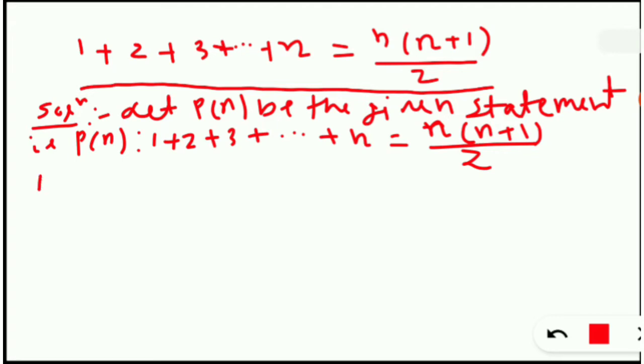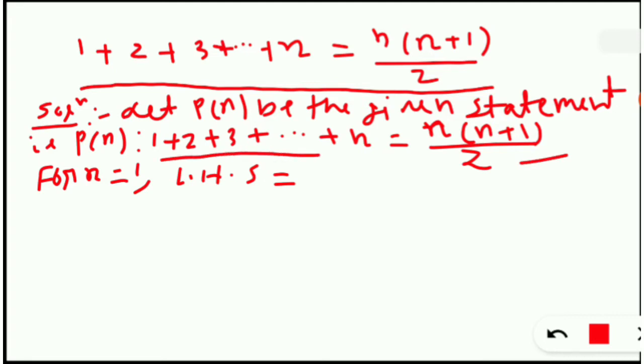Next, we check whether this result is true or not for n equals 1. For n equals 1, listen, this is the left hand side and this is the right hand side.